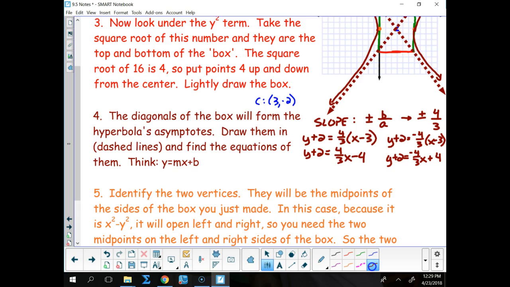So then we get y equals 4/3 x minus 6 and y equals -4/3 x plus 2.